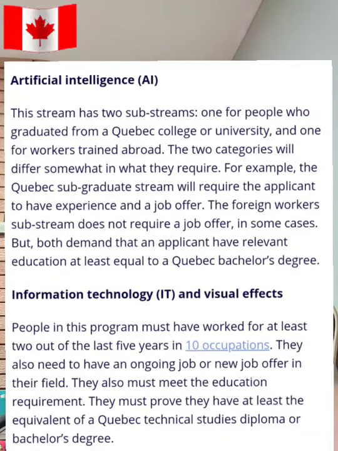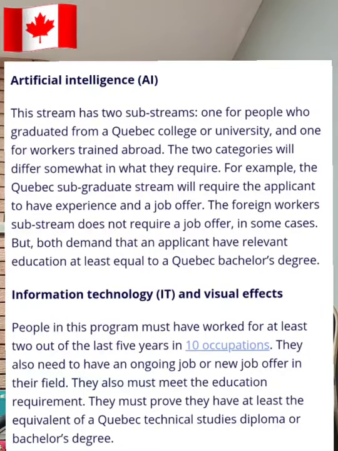So it completely depends. And then the other one, IT and visual effects: people in this program must have worked for at least 2 out of the last 5 years in 10 occupations. They also need to have an ongoing job or new job offer in their field, and they also must meet the education requirement. They must prove they have at least the equivalent of a Quebec technical study diploma or a bachelor's degree.